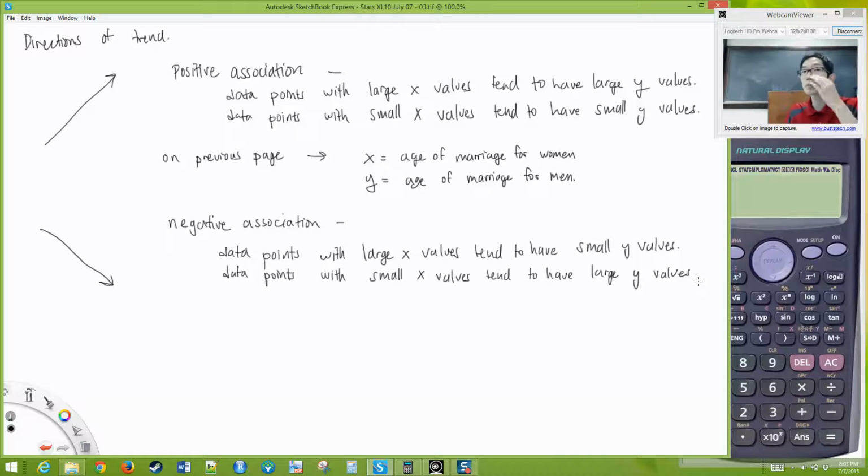Okay. So again, we're talking about two numeric variables. So see if you can think of two numeric variables that will have a negative association in a data set that you might be looking at.